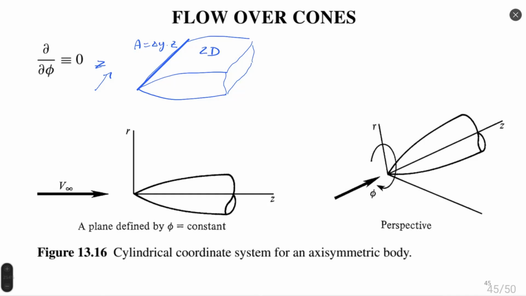Probably it would be nice to remove this third dimension and denote, in any arbitrary cross section, delta y as this distance inside the flow, inside the air.